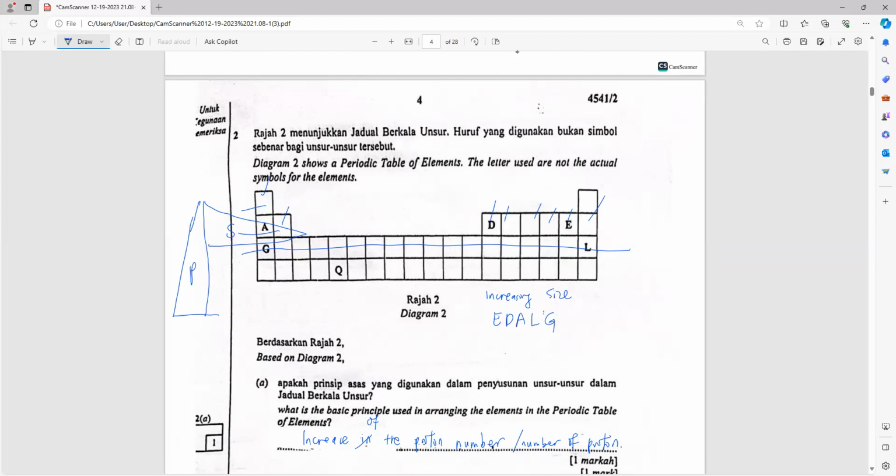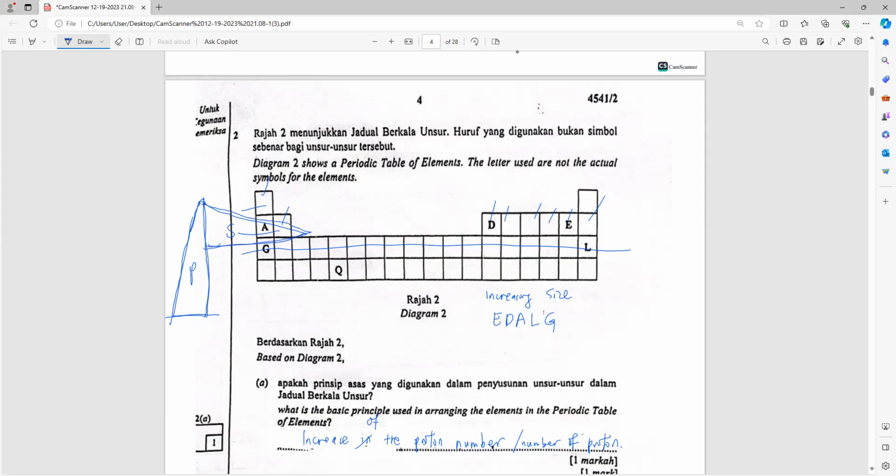So why did the teacher do it like this? Going down the group, the size becomes bigger. That's why you saw the teacher go from smaller size to bigger size. Then horizontally, going across the period, the size of the atoms becomes smaller.